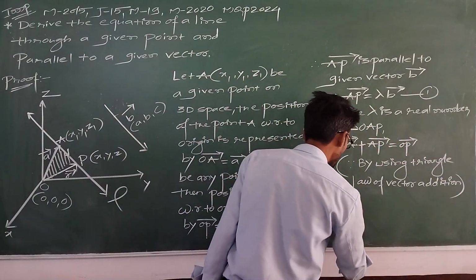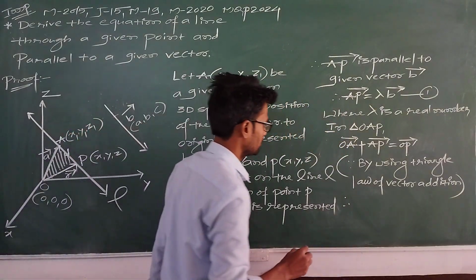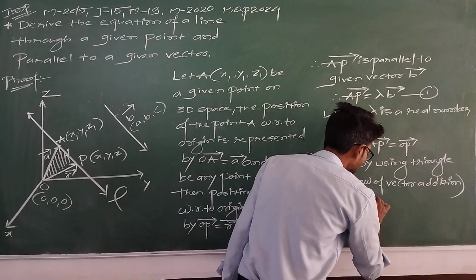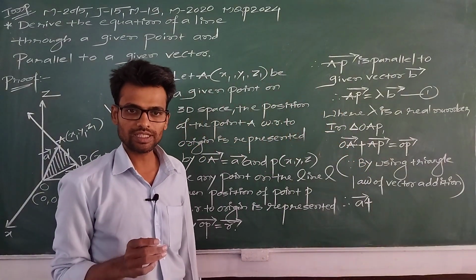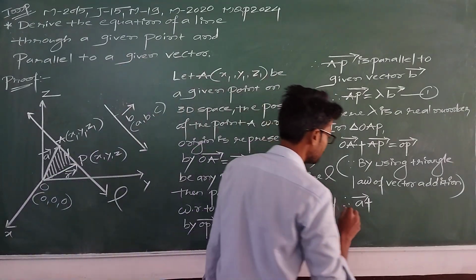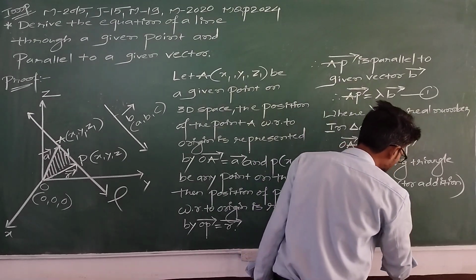So therefore we have the value of OA vector, which is A vector. You write A vector plus AP vector. We don't have the value of AP vector, it is required to find, so you write AP vector as it is, equal to OP vector.